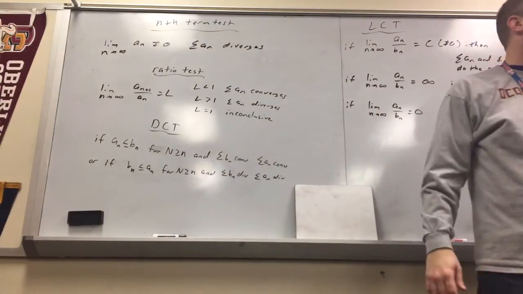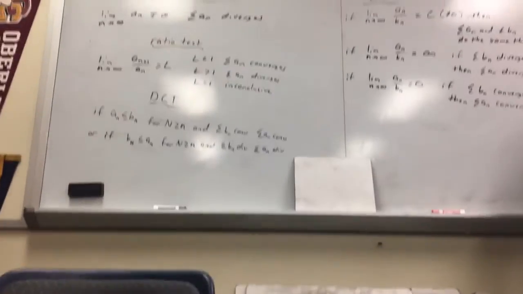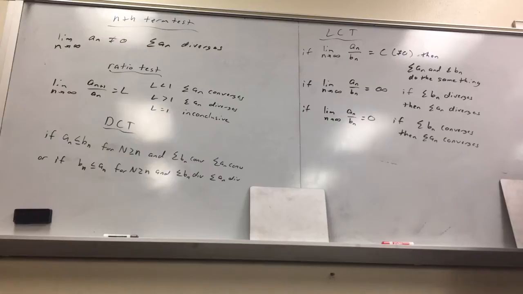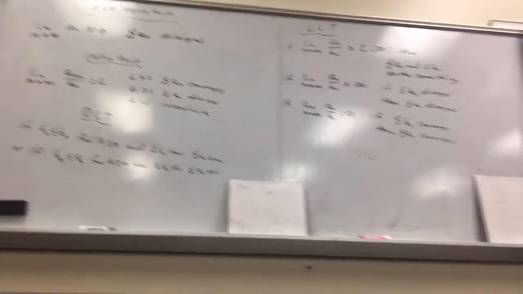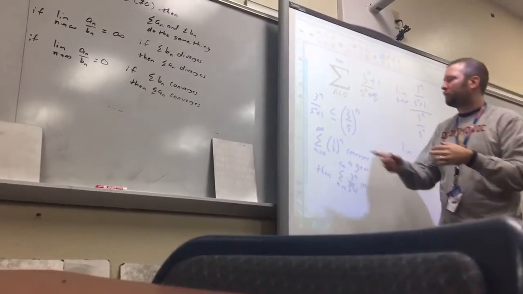As n goes to infinity, the 5 to the n is going to dominate the 3 to the n, so it's going to go to 0. The denominator is a lot bigger than the numerator. Figure that out through one derivative and then a little bit of math. All right? Good?